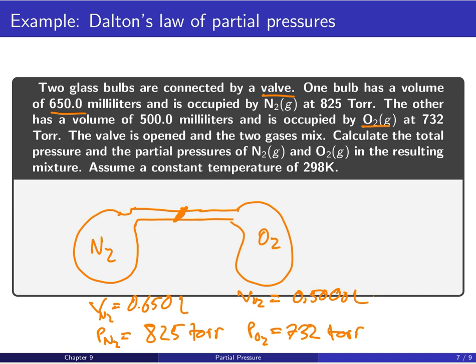Okay. Now, we're going to suppose that the valve is opened and that the two gases mix. And we need to calculate the total pressure and the partial pressures of the N2 and O2 in the resulting mixture. And we're going to assume a constant temperature throughout this process of 298 Kelvin.